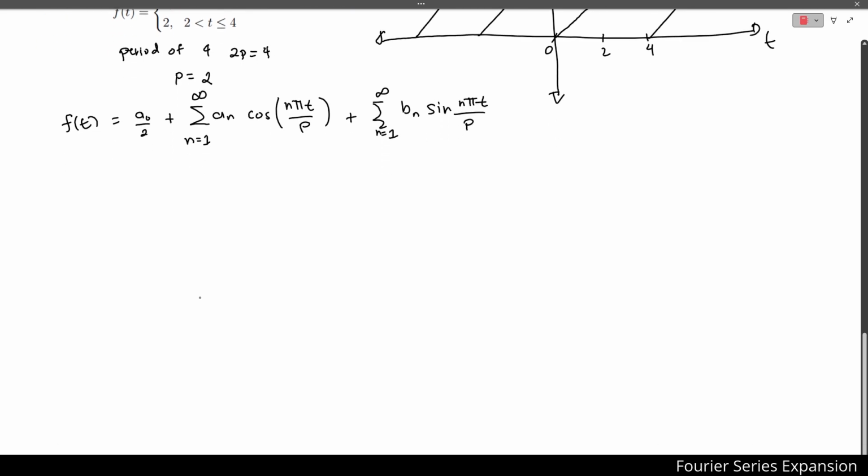First, kunin natin yung ating coefficients, a naught, a n, and b n. First, we can solve for a naught.